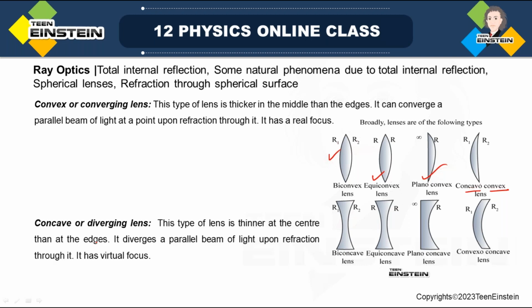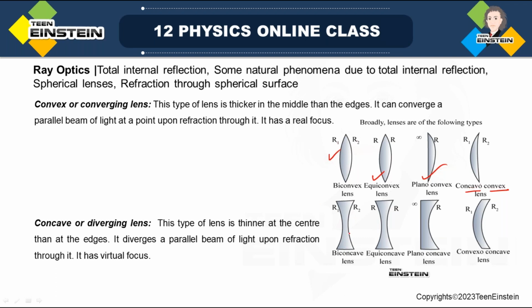Now we'll go to the diverging or concave lens. In this case, the middle, or the center, will be thinner compared to the edges. So it diverges the light after refraction through it, and it has a virtual focus.